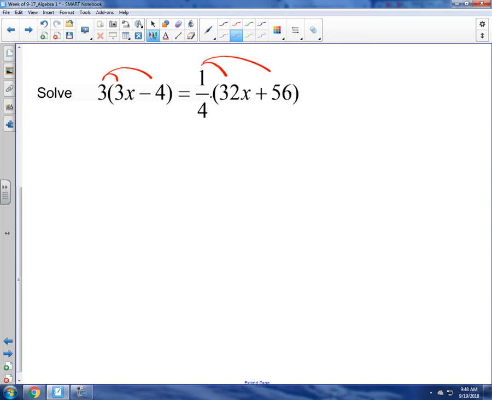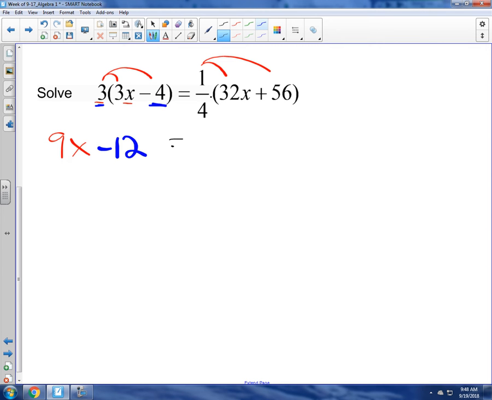So 3 times 3, right up here, is 9, but it's x, of course. And then we're going to go ahead and do 3 times negative 4. Don't bring down the negative, just do 3 times negative 4. And a positive times a negative is a negative, so we're going to have negative 12 there.